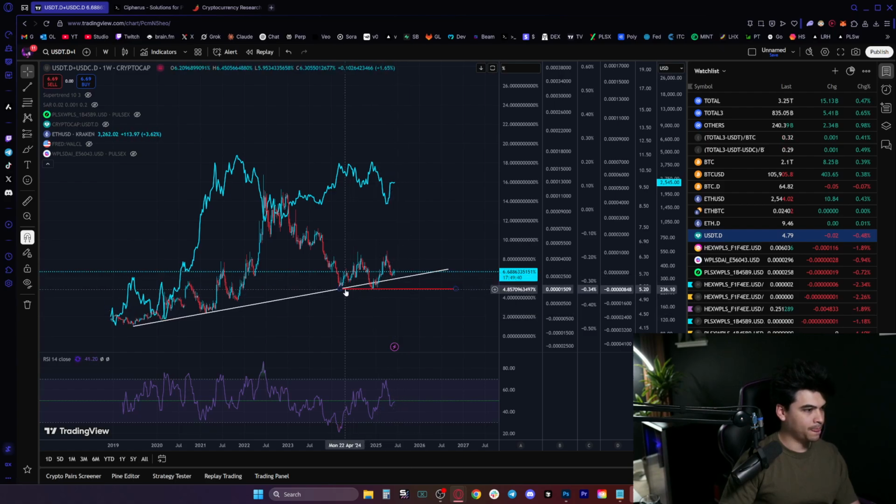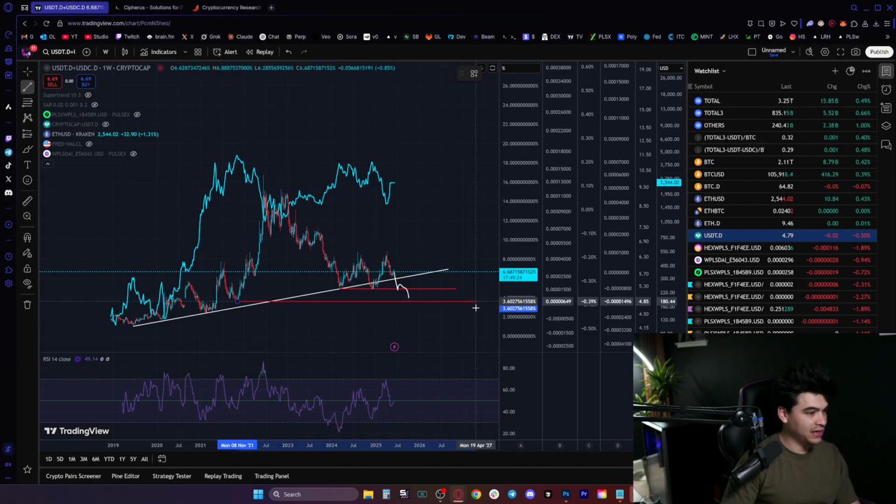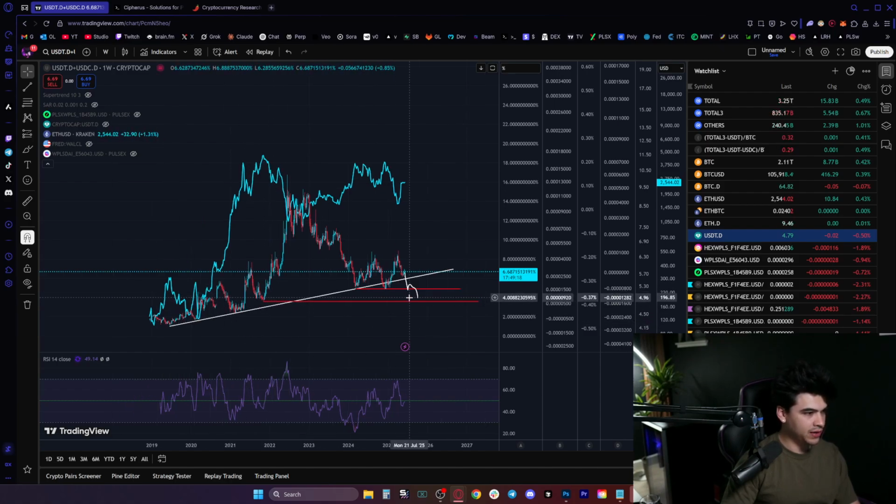And if we were to have a blow off top, that would probably imply something like this, right? It could imply something like that, not necessarily, but I could see a scenario where a blow off top would lead to stablecoin dominance potentially even revisiting as far as high 3s or low 4s in the percentage dominance arena.